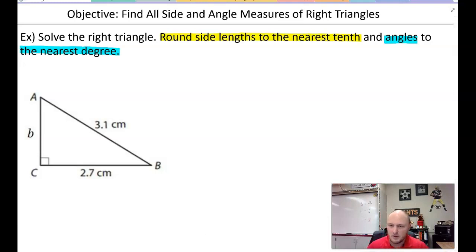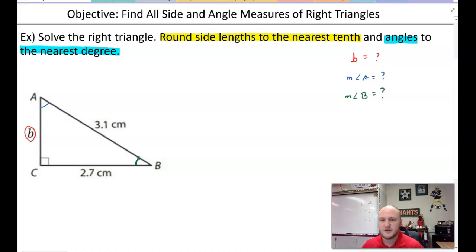Okay, so what do I need to go ahead and find? I need all sides. So it looks like here, B, I don't know what B is. I have to find it. I don't have any information on angle A. Measurement of angle A, don't know what it is. And then same with the measurement of angle B. Don't know what it is.